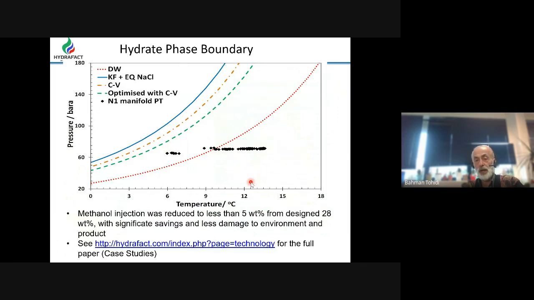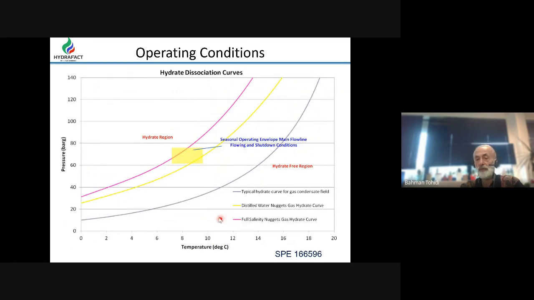This is for Total in the North Sea. Initially, we reduced the amount of methanol from 28% to 5%, and then from 5% to zero. This was the case where they didn't have the facility to operate with methanol.